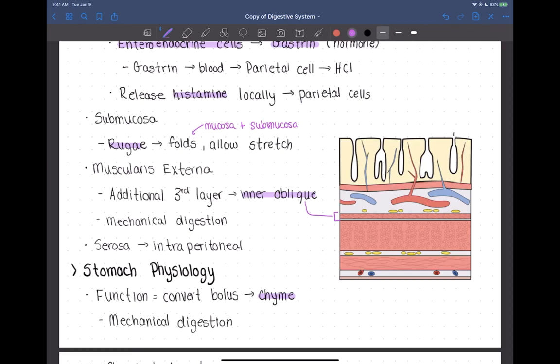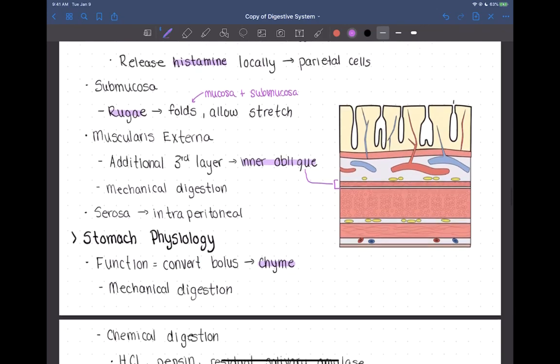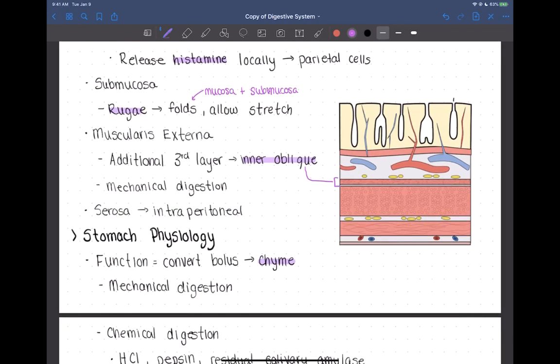It has that extra layer of muscle because the function of the stomach is to crush up, pulverize, and mechanically digest that food. That extra layer of muscle going in a third direction allows it to better grind up the food. Also, the stomach is intraperitoneal, so it would have serosa.